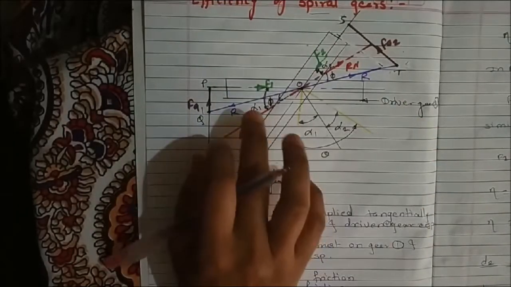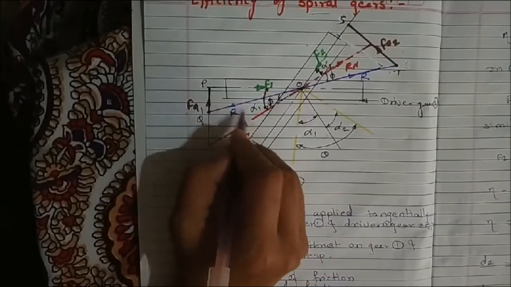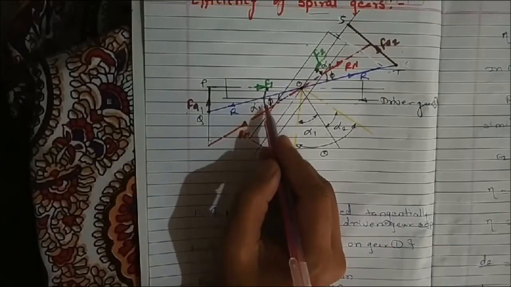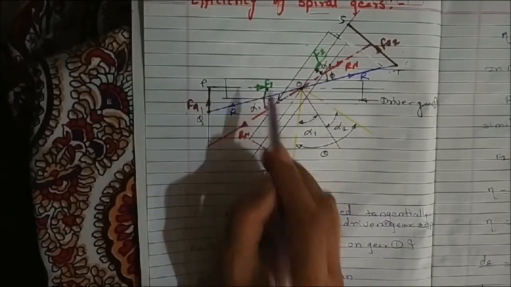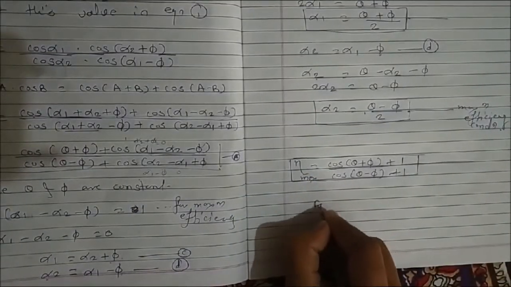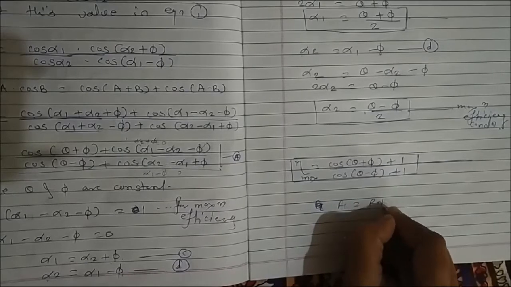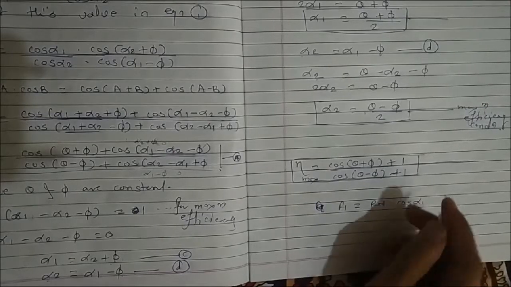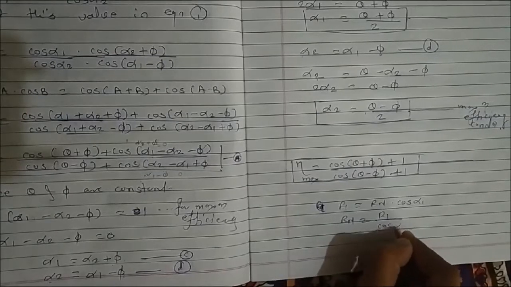Now using this diagram, let's derive the equation for F1, Rn and Fa in terms of alpha. As you can see, here we have the Rn and here is the angle alpha. This Rn is the hypotenuse and F is the adjacent edge. So what we get, F1 is equal to Rn into cos of alpha 1, or we can say that Rn is equal to F1 divided by cos of alpha 1.